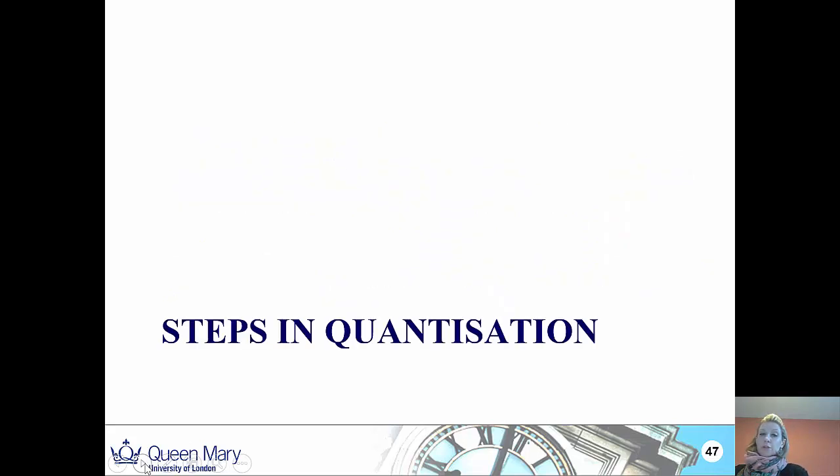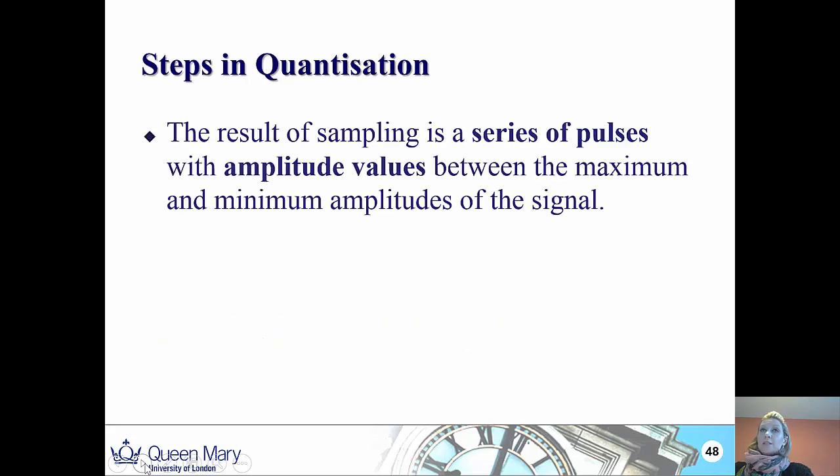Okay, so just to conclude this series of slides, the actual steps which are carried out. Quantization is the next step in the conversion of the signal so that it may be transmitted. So this is applied after we sample our continuous signal.